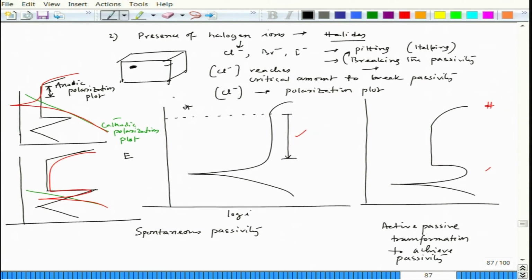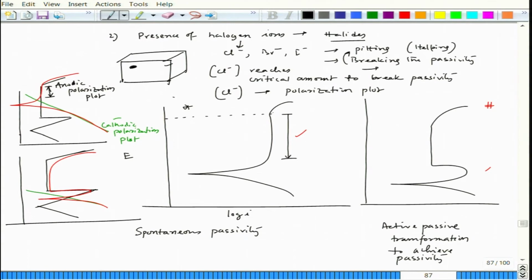Okay. As you increase the potential, the passive film actually grows, and then pits start. Whatever small pit forms will get recovered because of the strong passivity of the metal, or it could be filled up. Fine.